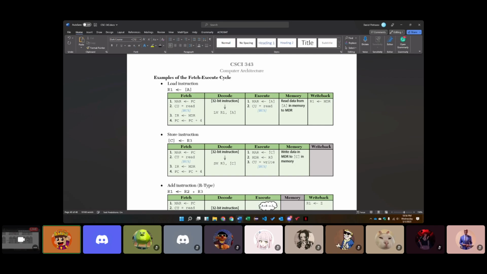Yeah, it would be address 28. Okay, so then after it would be the value of R3. No, after the exec, it's going to be wherever you're going in memory, so whatever's in the brackets for the store. Because MAR only has the address. MDR has the data, and the control has either read or write. Right, control. Okay, thank you.